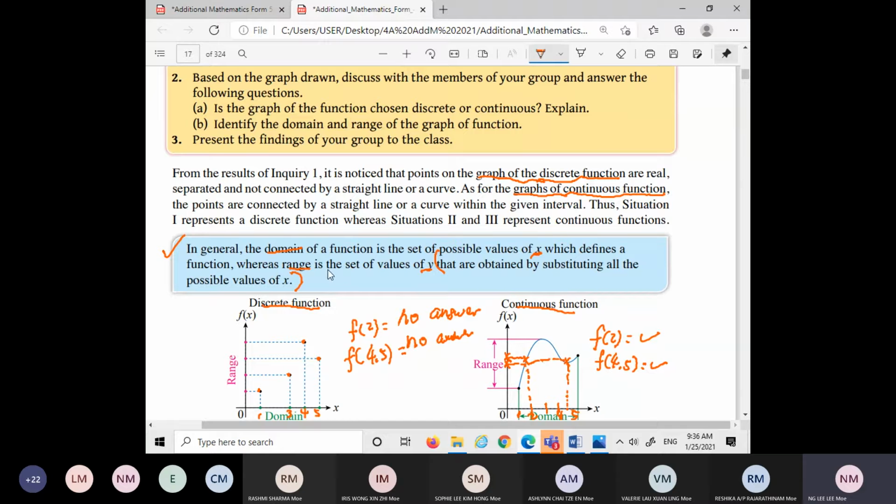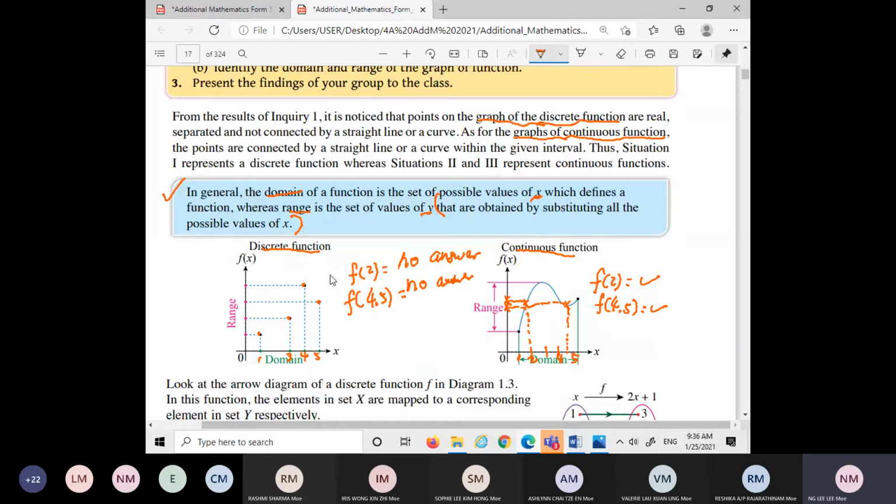After this, we want to see the difference between the range and the codomain, and this is how we differentiate afterwards. So now, domain is the value of x, range is the value of y. Let us see both the discrete and the continuous function.